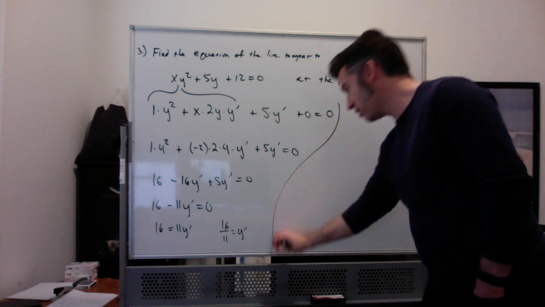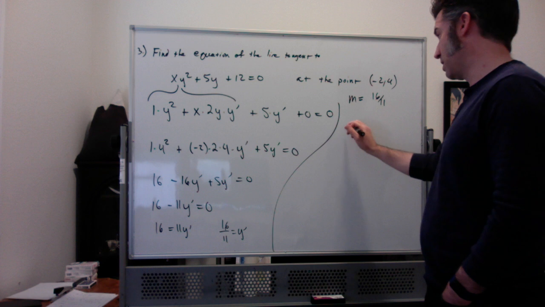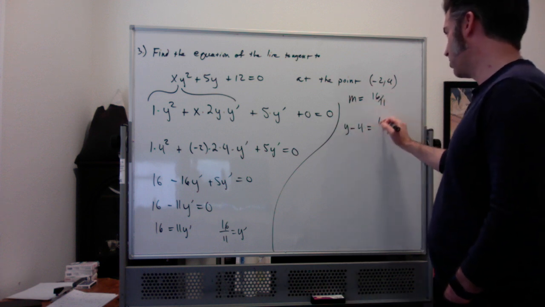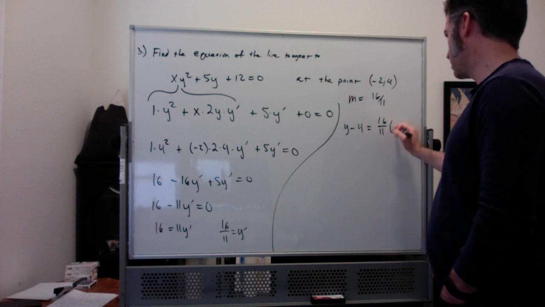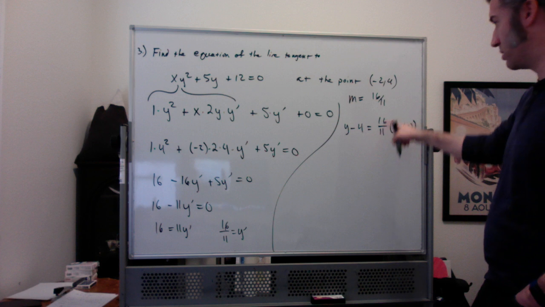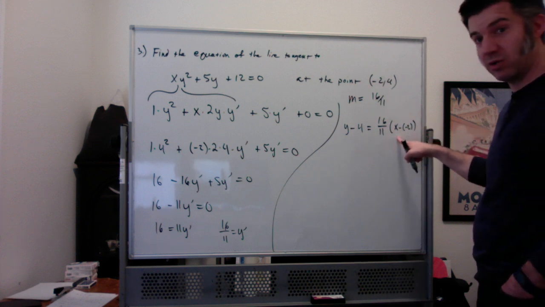So then we can find the equation of the tangent line by saying y minus the y coordinate equals the slope times x minus the x coordinate. So y minus 4 equals 16/11 times x minus -2.